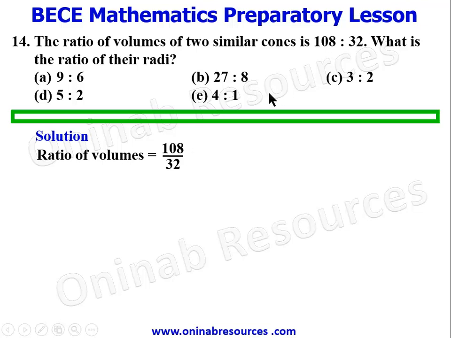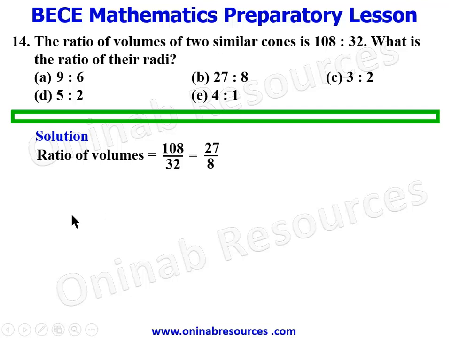And you see that this ratio is not in its simplest form. So the best thing is to divide both sides. 4 can go here to give us 8, and 8 is a perfect cube. So we can say 108 divided by 4 will give us 27 over 8. So that is the simplest form of this ratio.